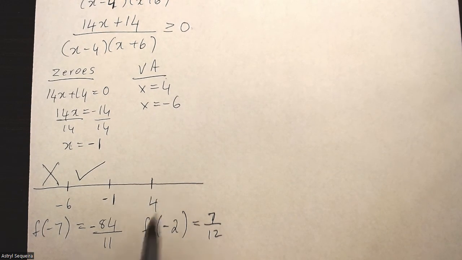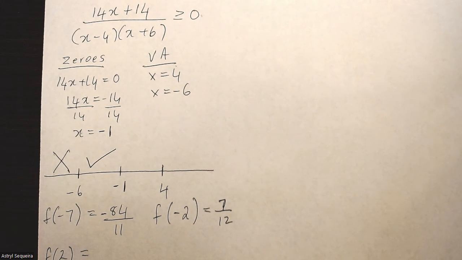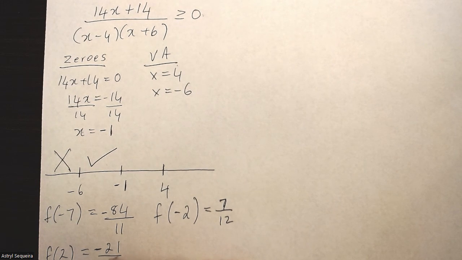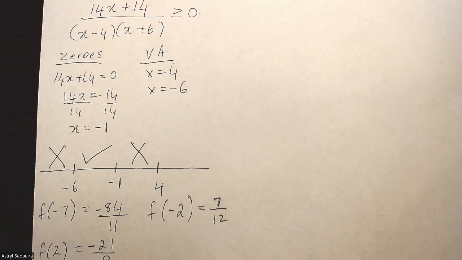I'll pick a value between these two. I'll just do +2, and I get -21/8, which means that interval is bad.